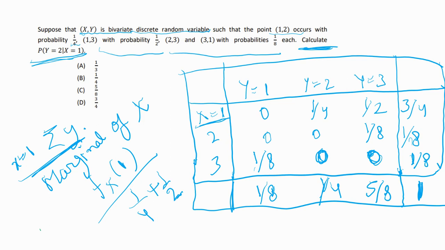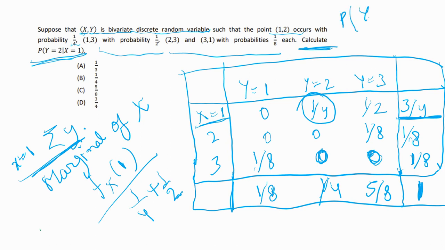Now we want to calculate y is equal to 2 when x is equal to 1. So x is equal to 1 is what? Here 3 by 4. Okay, and now y is equal to 2 given x is equal to 1. So this one is y is equal to 2 intersection with x is equal to 1.